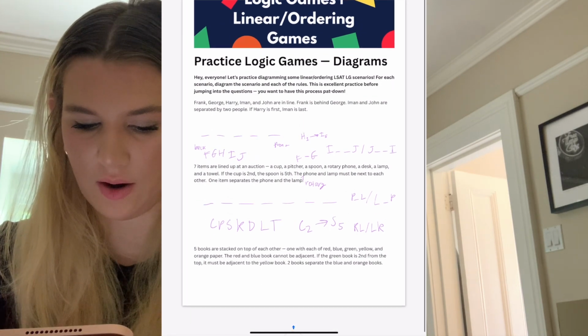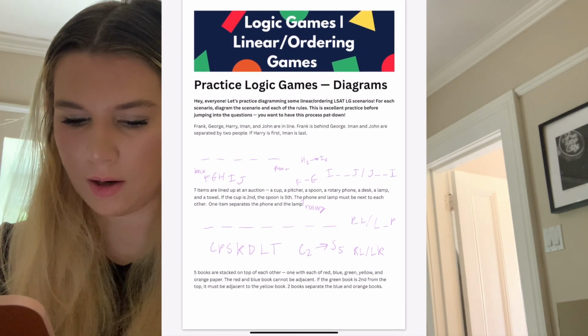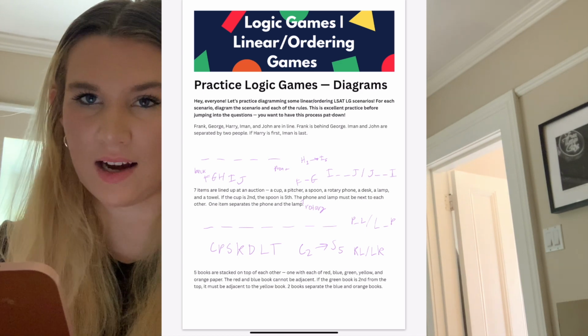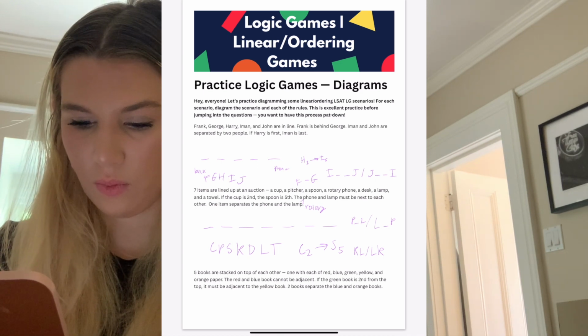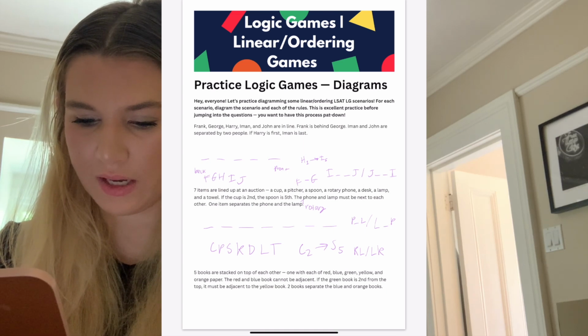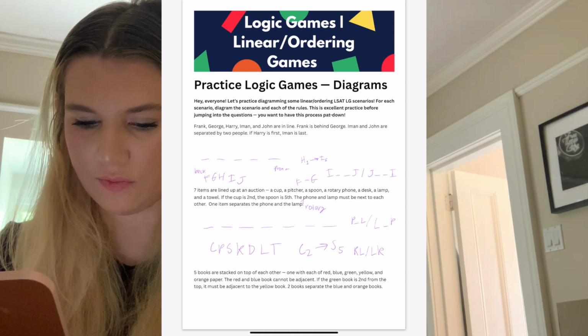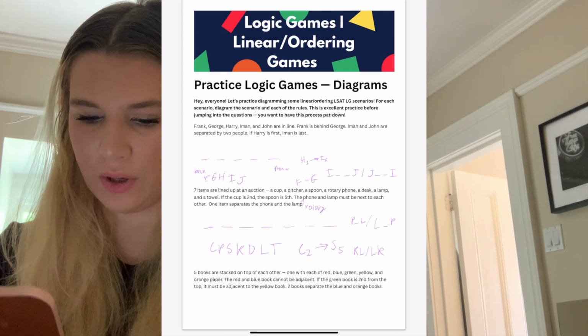All right, last scenario. 5 books are stacked on top of each other, one with each of red, blue, green, yellow, and orange paper. The red and blue book cannot be adjacent. If the green book is second from the top, it must be adjacent to the yellow book. 2 books separate the orange and blue books.